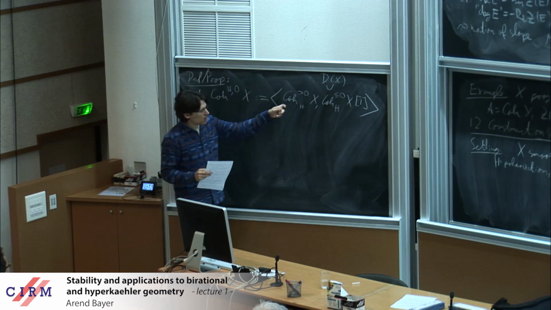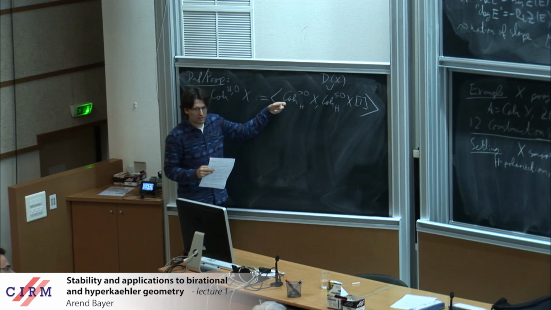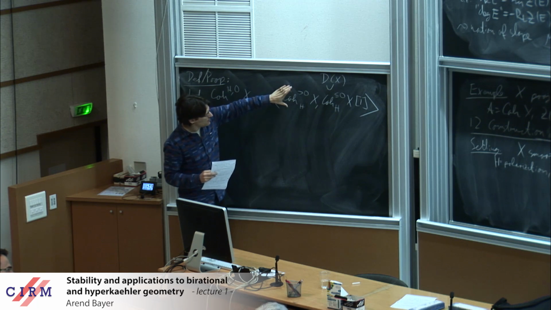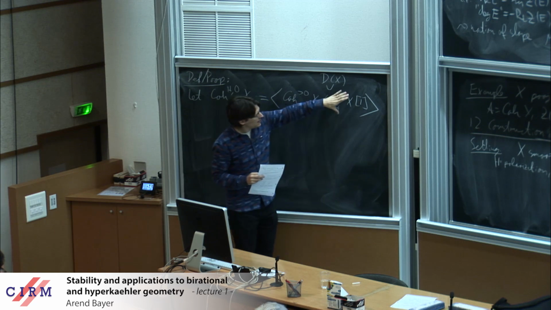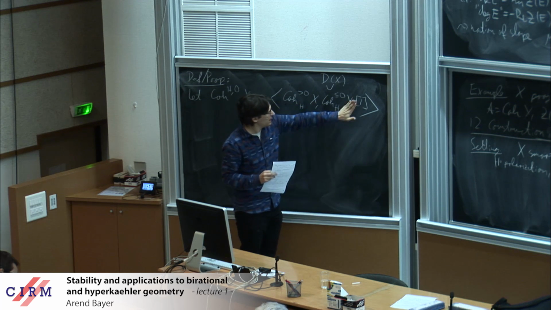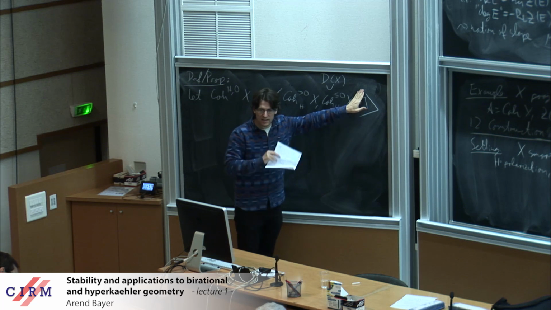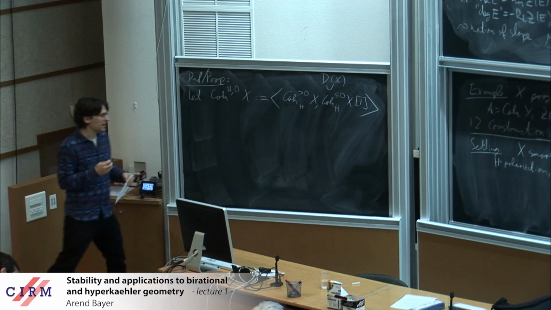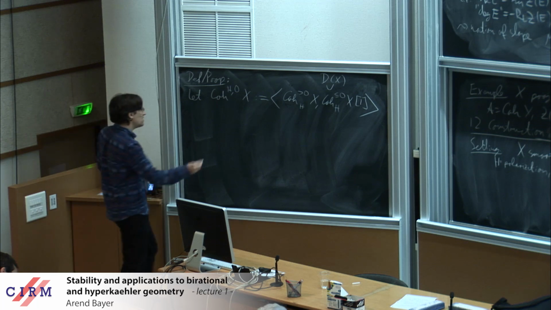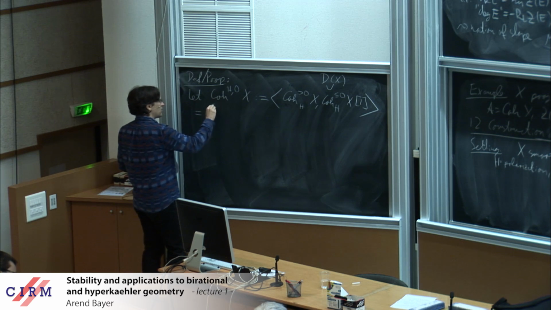Okay, so in other words, I take complexes that are supported in just degree 0, where this degree 0 part is in here. I take complexes where I have only something of non-positive slope sitting in degree -1, and then I take the extension closure of this in the derived category. So let me make this more concrete.